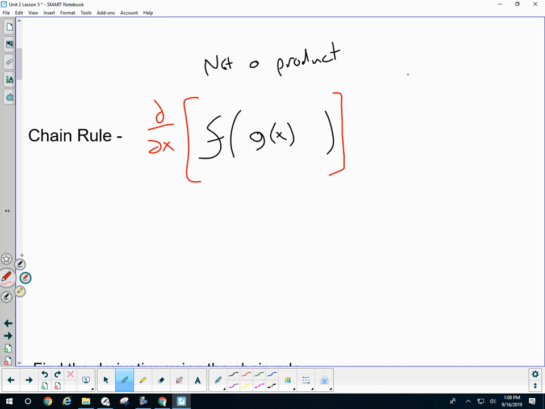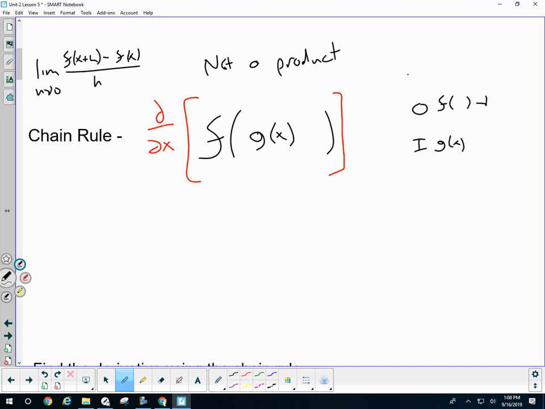Now, it's very important for you guys to know that this derivative rule just doesn't come out of nowhere. It comes from this formula, our magic tangent slope generating formula. And this is what we're going to do. We're going to identify the outside, identify the inside. We got f of, we got g of x.